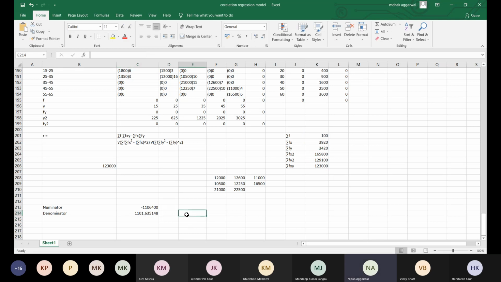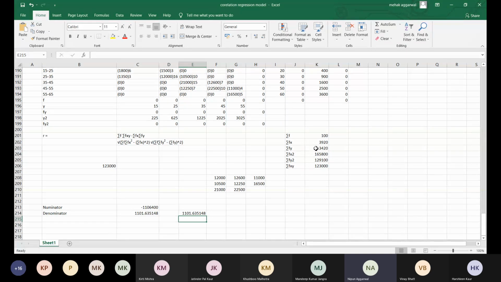And for the other one, it is equal to 100 into summation fy square minus summation fy whole square, and the whole raised to the power 0.5.